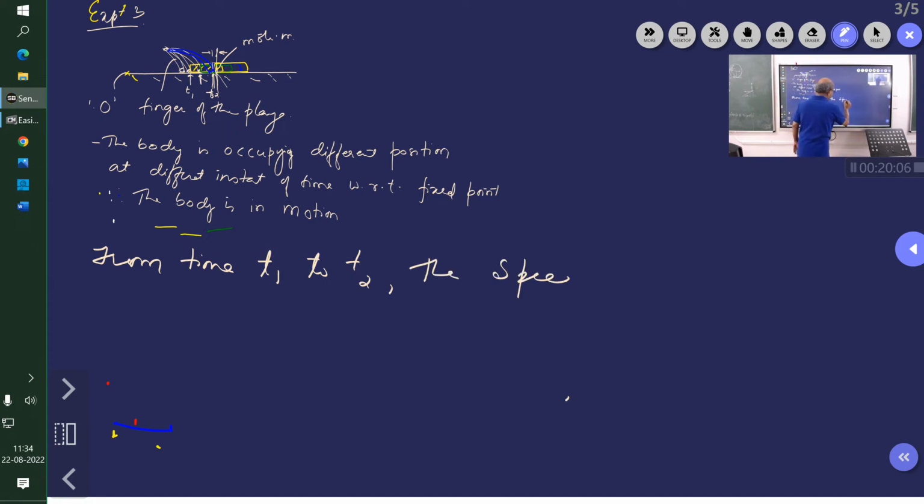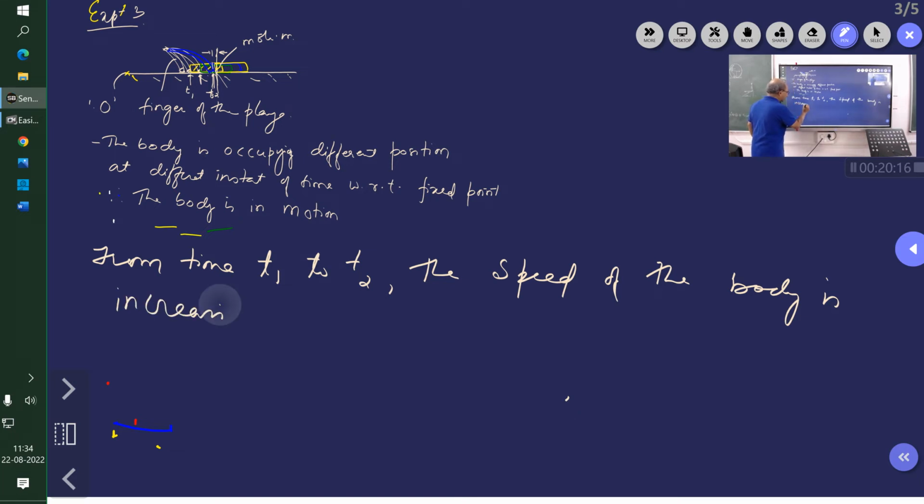The speed of the body is increasing. Correct? Do you observe that the speed of the body is increasing? From time t1 to t2, the speed increases from 0 to some value v. v is the speed of the striker when his finger just lost contact with the striker.